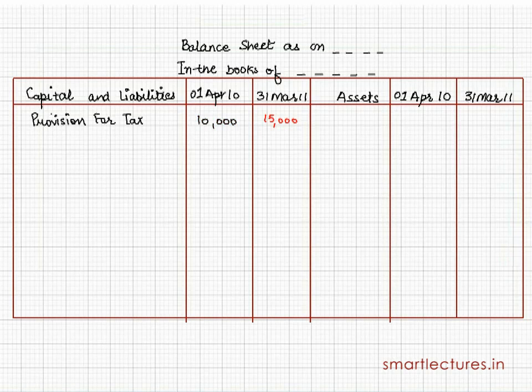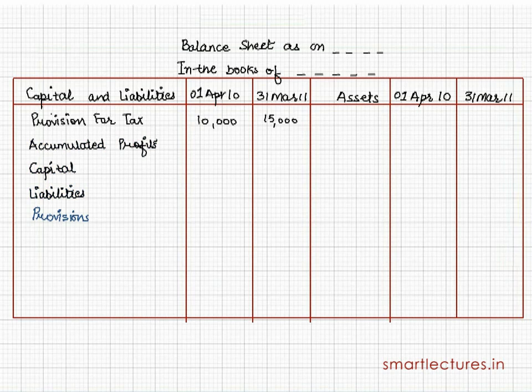One thing I would like to tell you: it is on the side of liabilities, but it's not a liability, because on this left side you will find accumulated profits, capital, liabilities and provisions. Basically it's a provision. Now you might be thinking, what is provision?